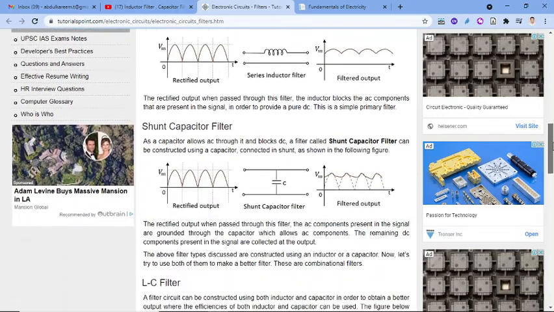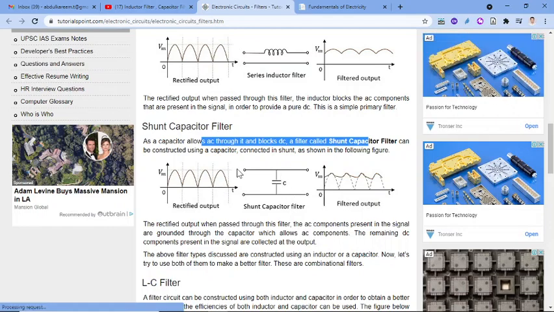Then in the case of a capacitor filter circuit, the capacitor allows AC through it and blocks DC, called the shunt capacitor filter. From this figure you can see that this is the output of a full wave rectifier, which is connected to the shunt capacitor. The AC feels negligible resistance through this capacitor, so this capacitor allows the AC component through it, and across the load we will get only the DC component.